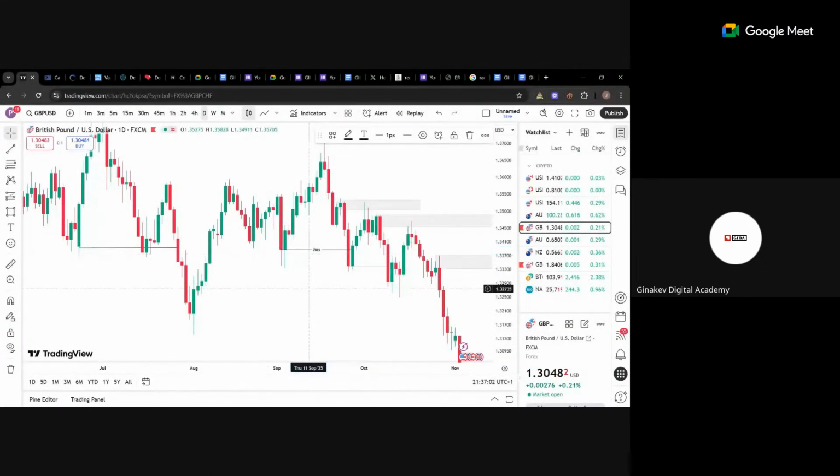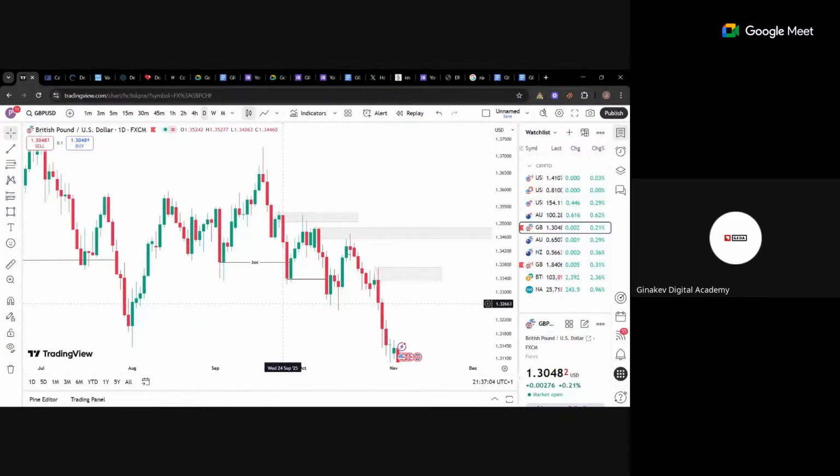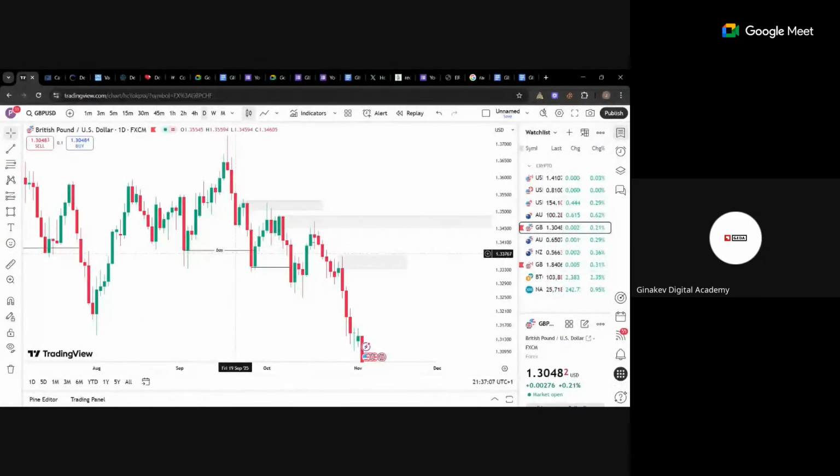There was a break of structure here, right? Yes. So can you see that there was no significant support level?